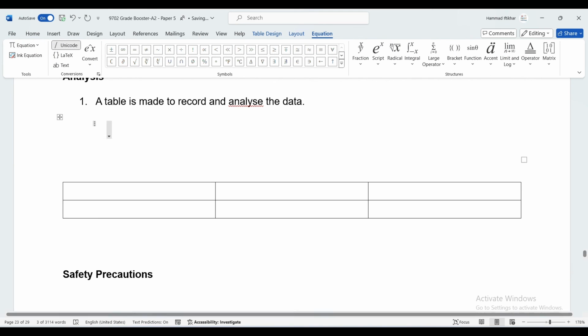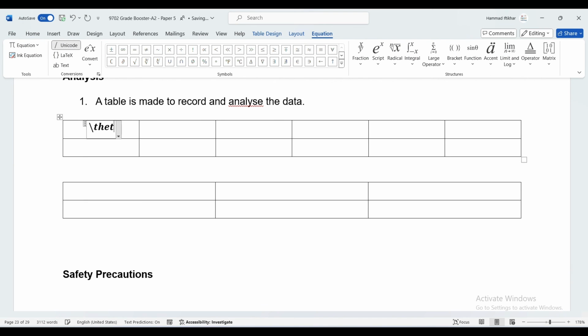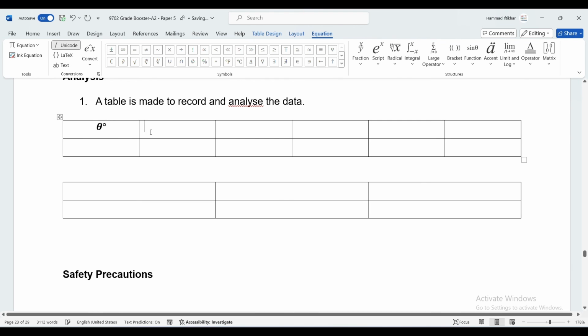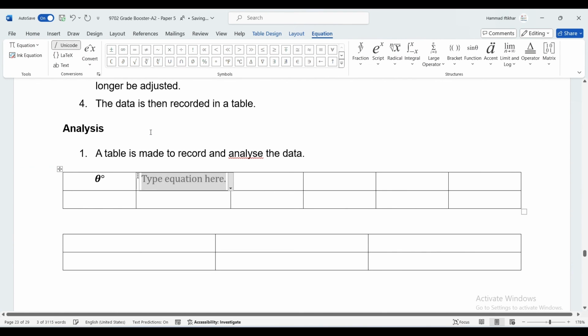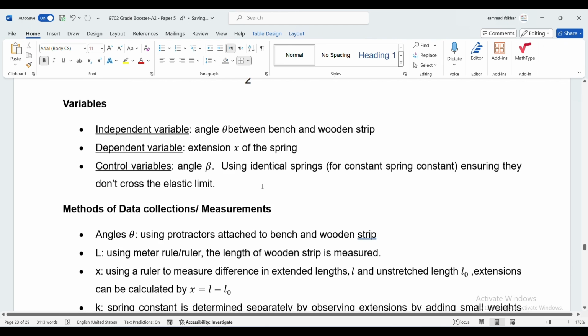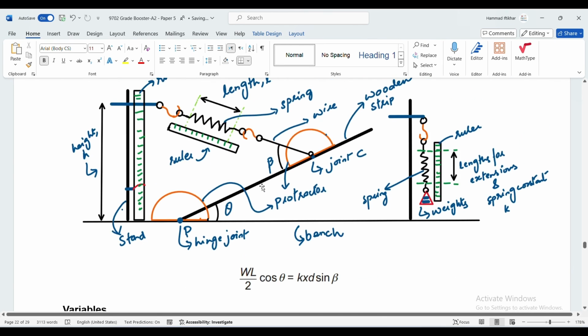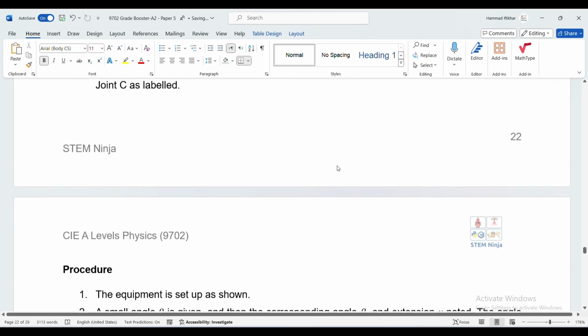So theta in degrees. Okay. Then we have beta also in degrees. Okay. Then we have sine theta. Wait, the question had cos theta and sine beta. Okay.